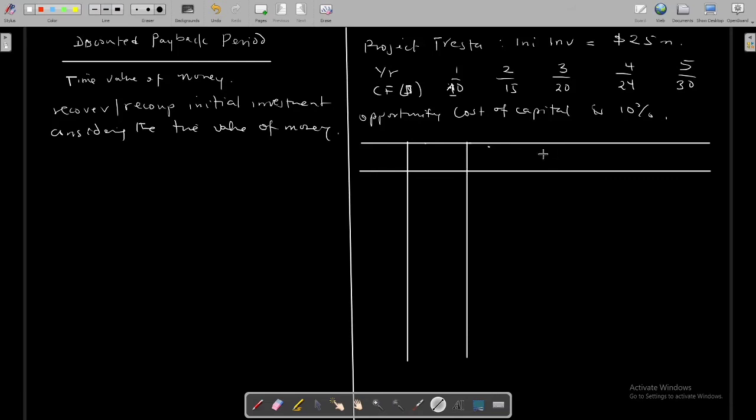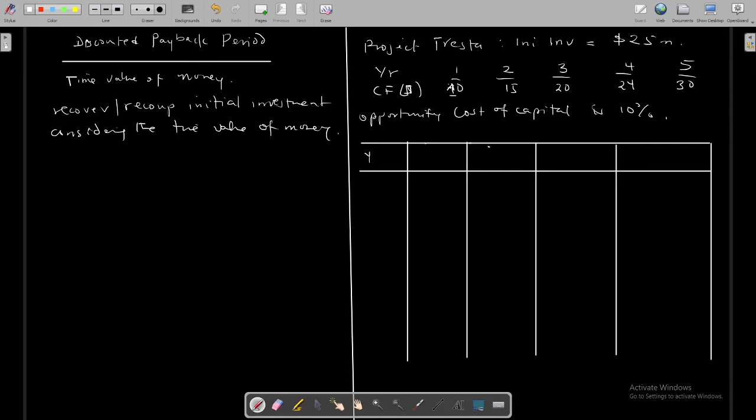Now we go for the discount factors, the discounted cash flows, and the accumulated discounted cash flows, in order to calculate the payback period. The discount factor here is at 10%.